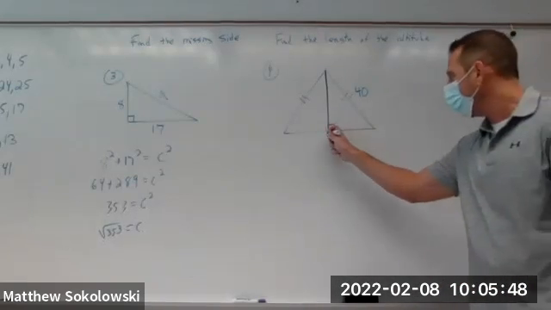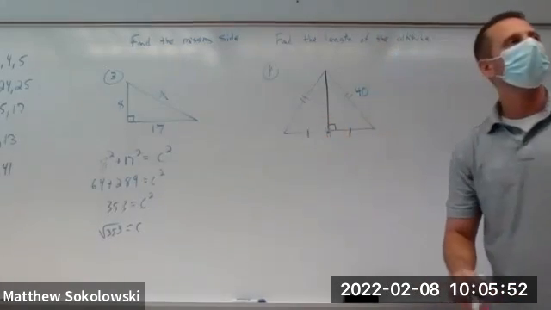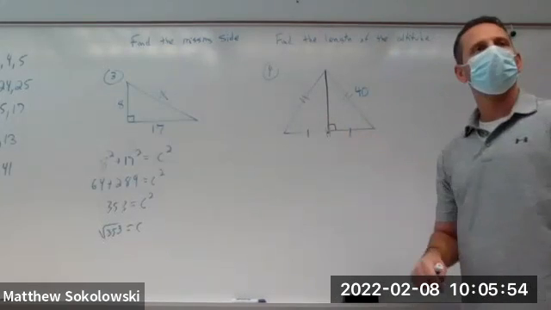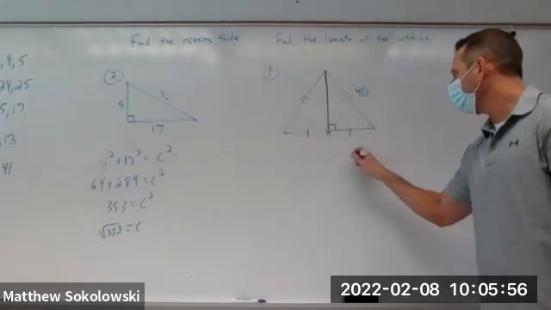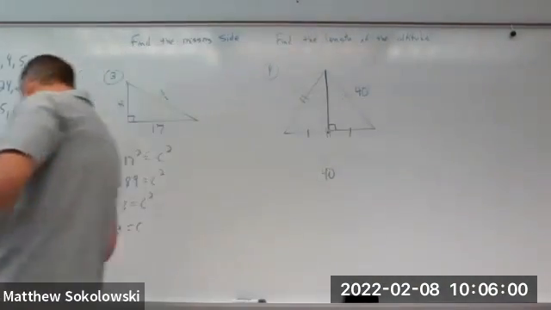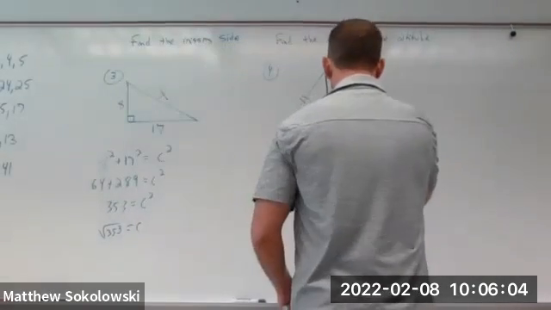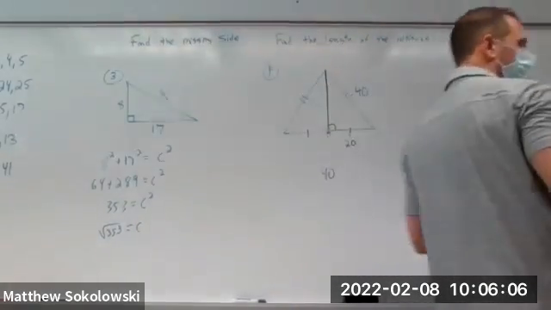This point is the midpoint, so this is congruent to this. If the whole length is 40, then this is 20. I marked them all congruent. So this is 20.